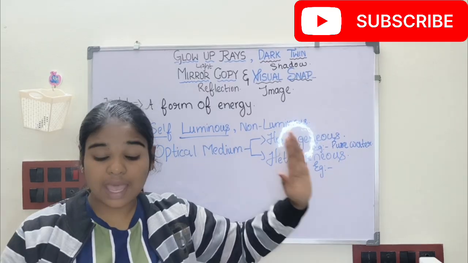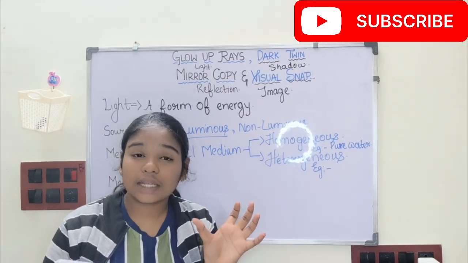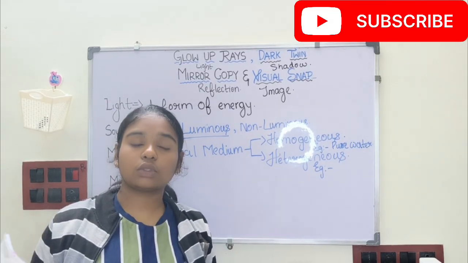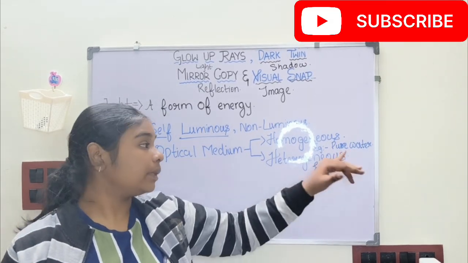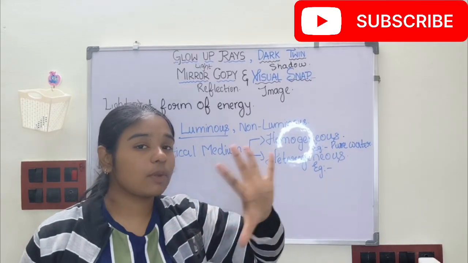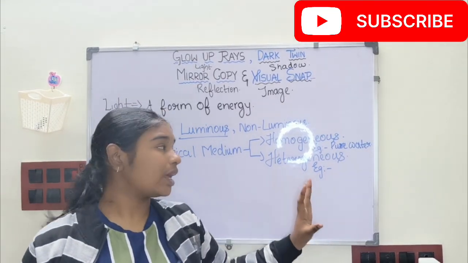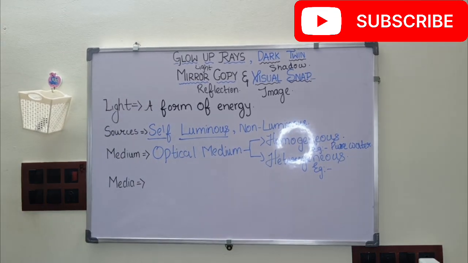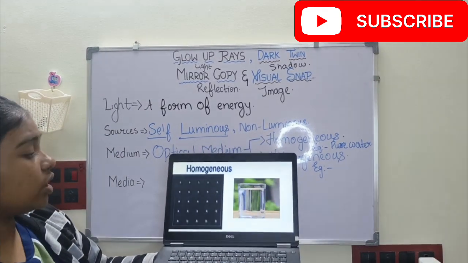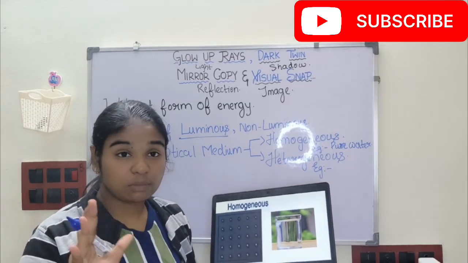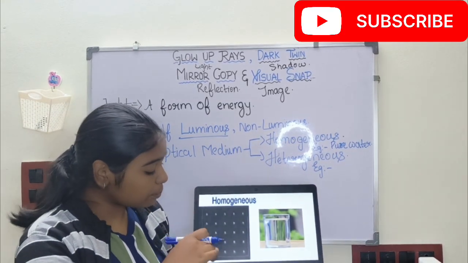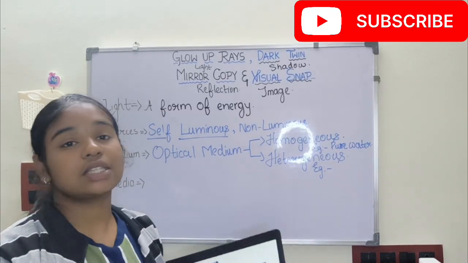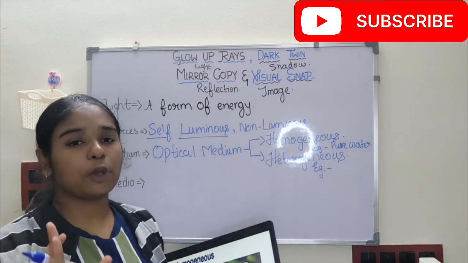A homogeneous medium is nothing but an optical medium which has a uniform composition throughout. See, this is how a homogeneous medium looks. Here you can see uniform composition.